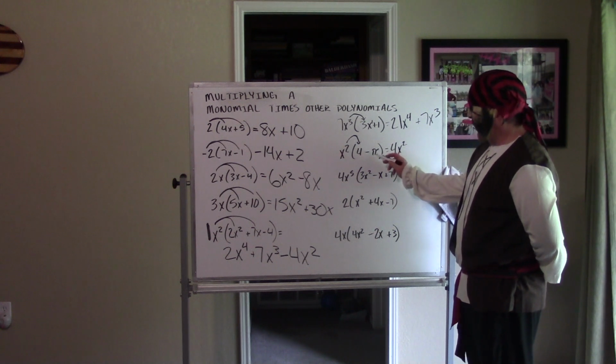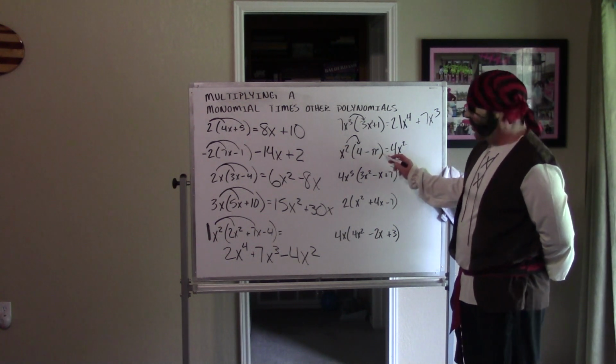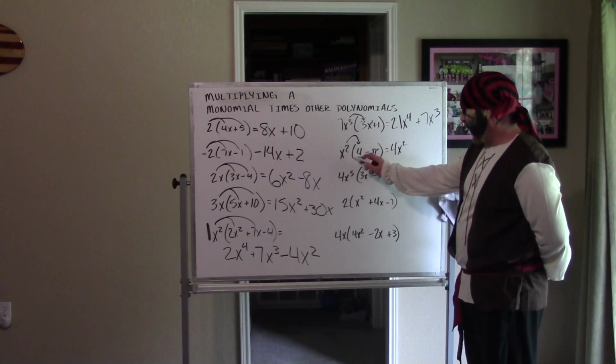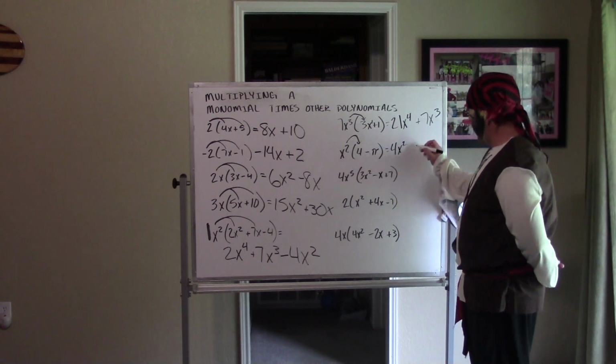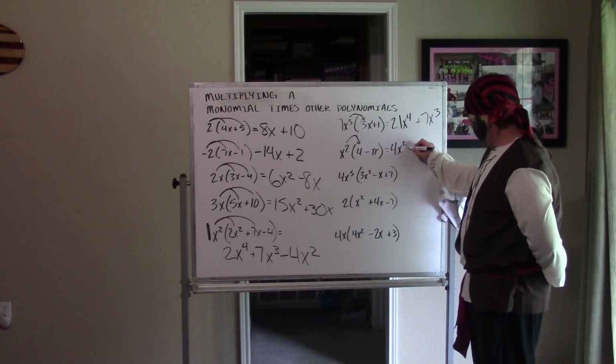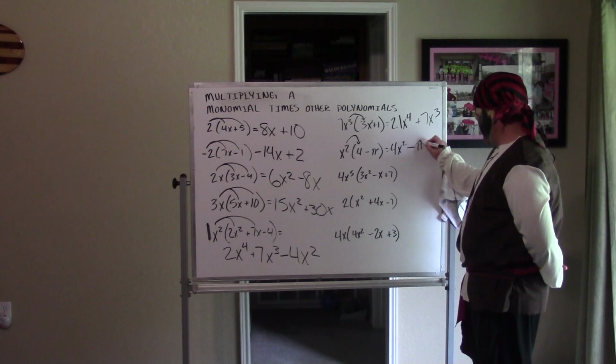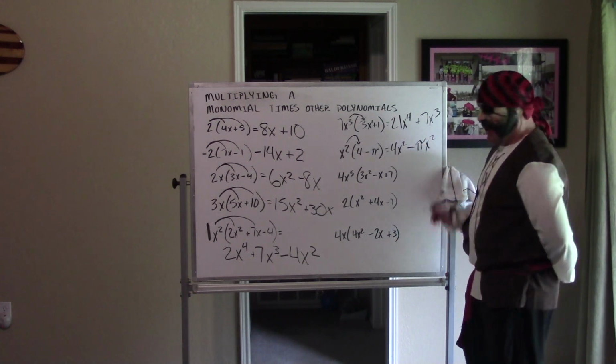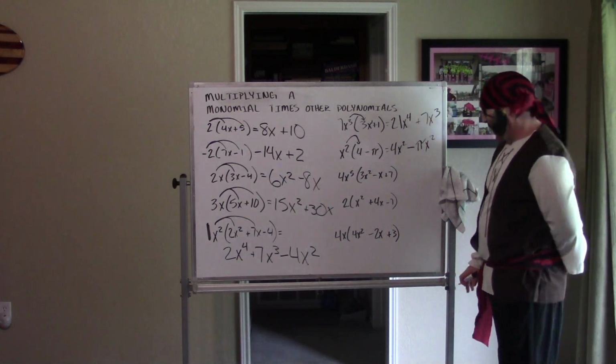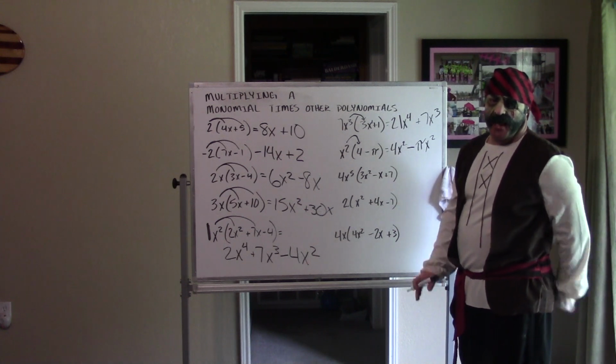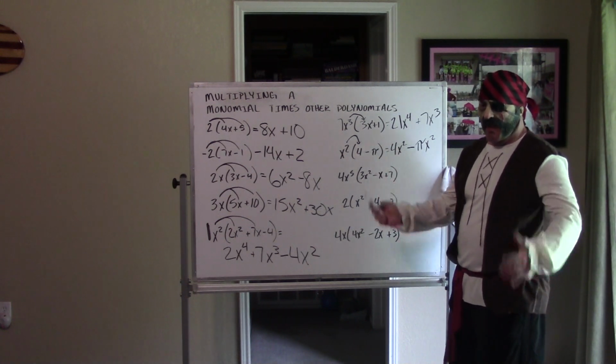We do the same thing with the pi symbol. This is now negative, so x squared times negative pi is going to be negative pi x squared. Nothing real tricky. It just kind of freaks people out. They're like, oh my gosh, what do I do with the pi?